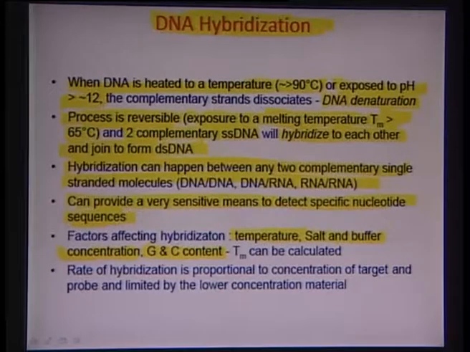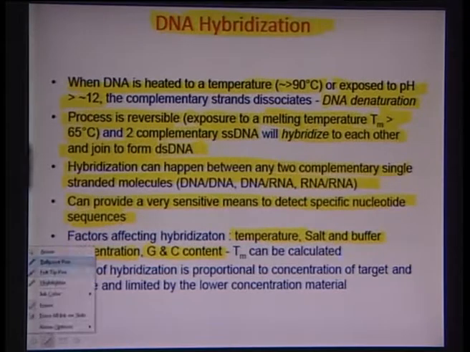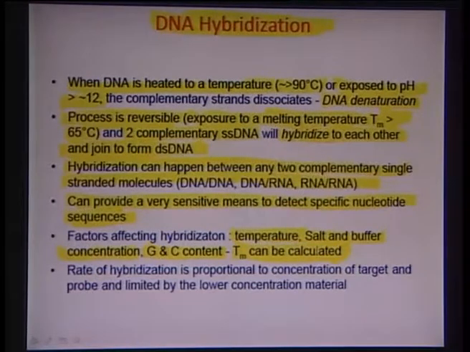Therefore temperature, salt and buffer concentration and also the GC content can be critical for finding out the hybridization rate and the melting characteristics of the particular target molecule.